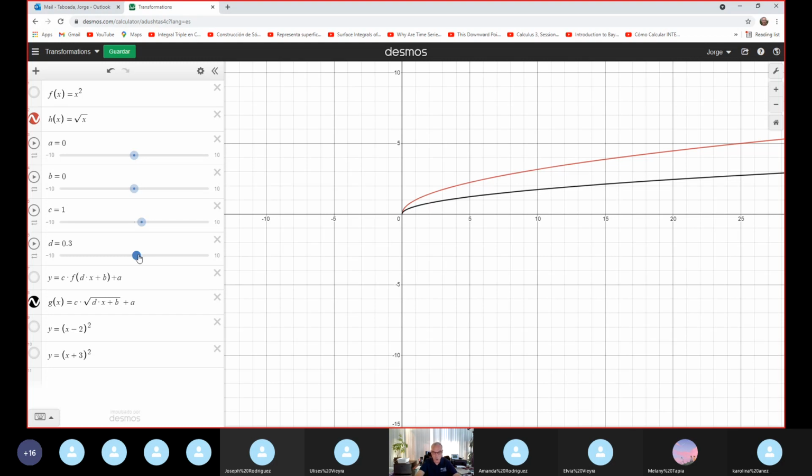Look, this is horizontal, so you need to interpret. Suppose that you have the original red curve, and you are doing something. It moves a little bit to the right, like if somebody pulls to the right. This is a stretch. Okay?